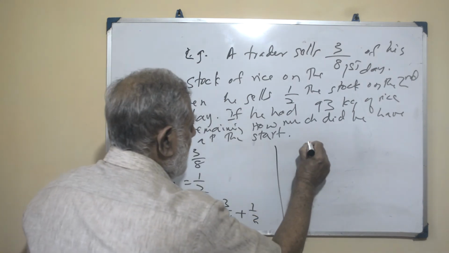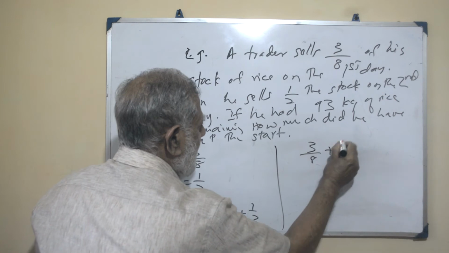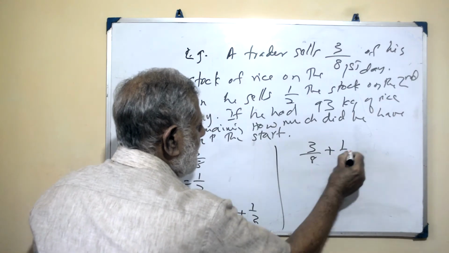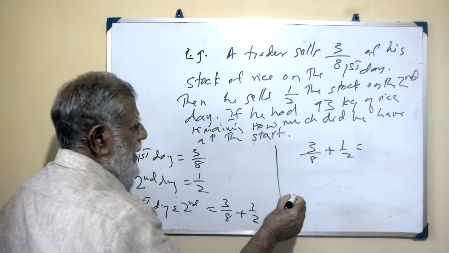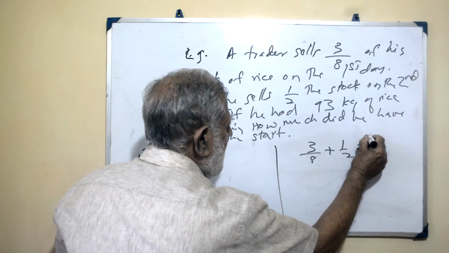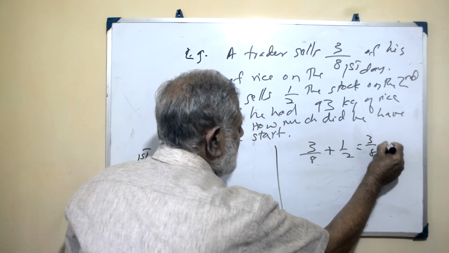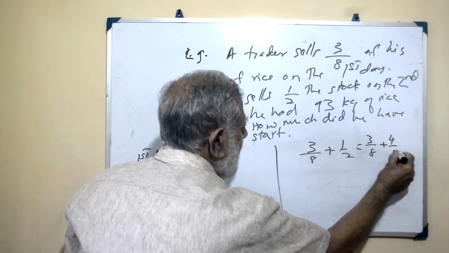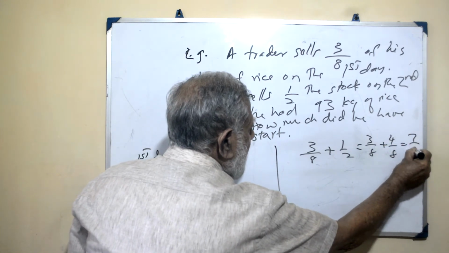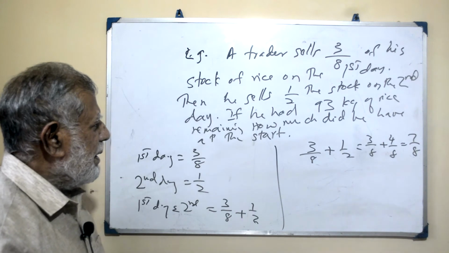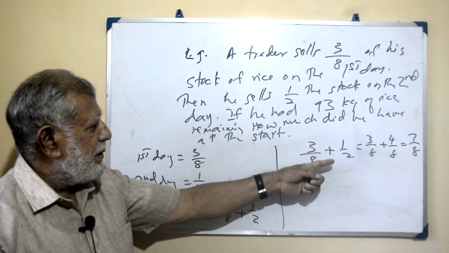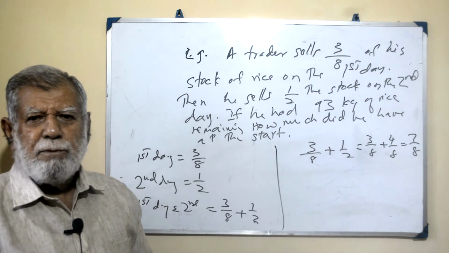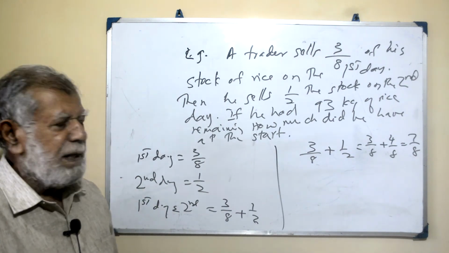We'll add here 3/8 plus half. Now we can make this an equal fraction: 3/8 plus 4/8, that is equal to 7/8. That is, he has sold 7/8 of the stock of rice on the first day and second day.